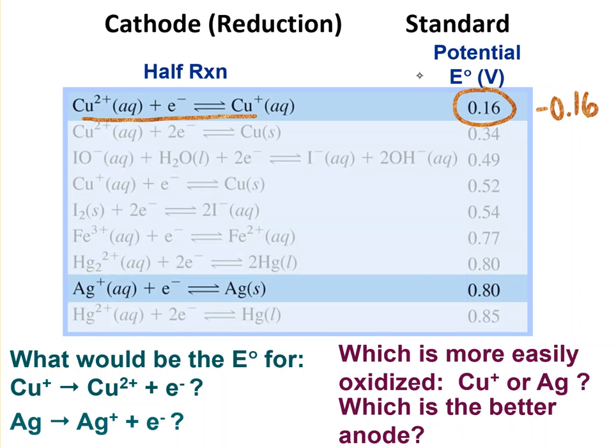This one is the E reduction as written. I want the opposite reaction, which would be the E ox, like that. And so I would have negative. Again, for the silver, the reaction I was asked about is the opposite of this one. So I'll take this number and change the sign.